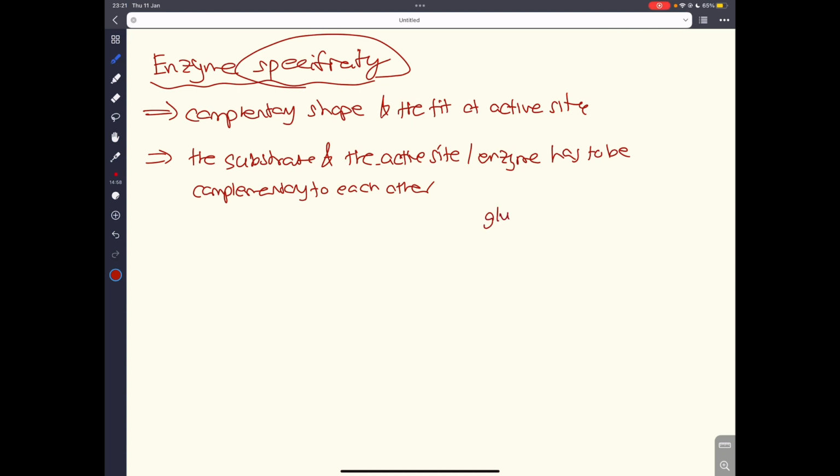So for example, glucose, C6H12O6: the enzyme that is responsible for this reaction, for respiration, will only work for respiration and will not work for other types of reaction.